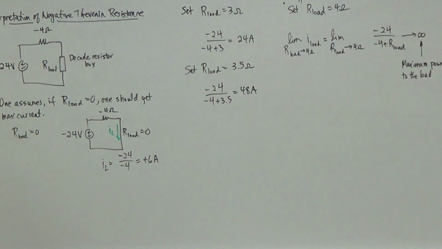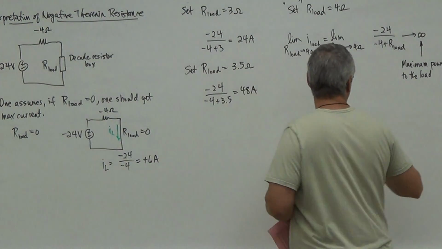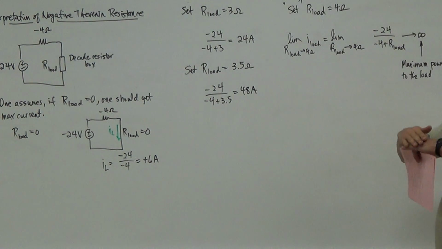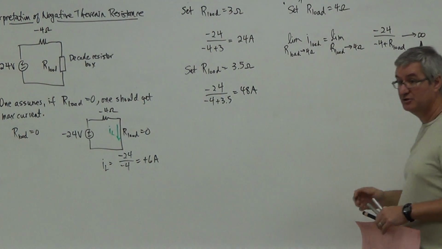So if the maximum current that the power supply can give would be, let's say, 20 amps or something, then in this case you would find that the maximum current that you would get would be the 20 amps. It would reach the maximum of the power source here.